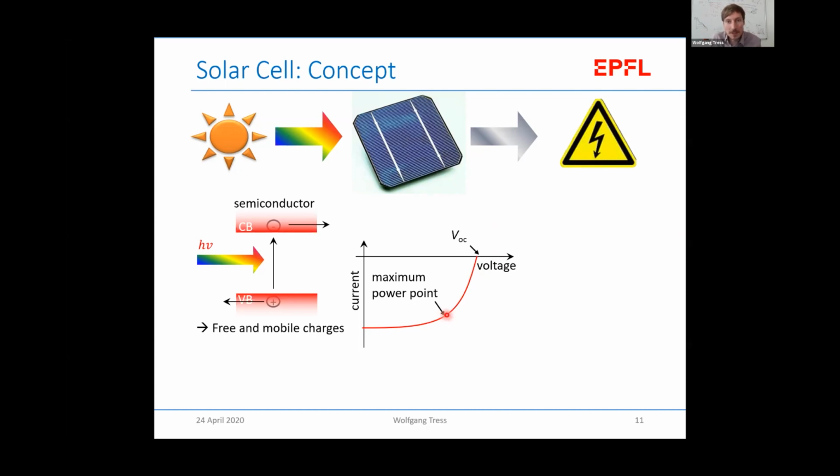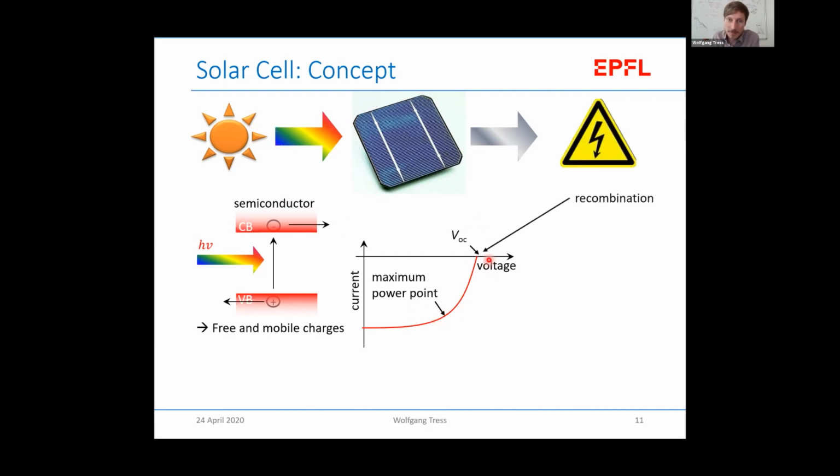This also means that this point here, the open circuit voltage VOC, is important for these devices. It is not just about harvesting these charges, but also harvesting them at a high energy. The higher the VOC, in principle, the higher also the voltage at the maximum power point.